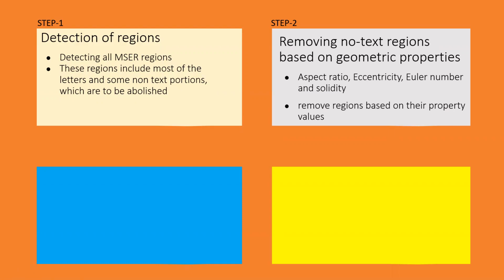Some of the geometrical properties are aspect ratio, eccentricity, Euler number, and solidity. We can calculate all these geometrical properties in MATLAB using some inbuilt functions. After finding that, if we put some threshold for text regions, we can eliminate non-text regions.